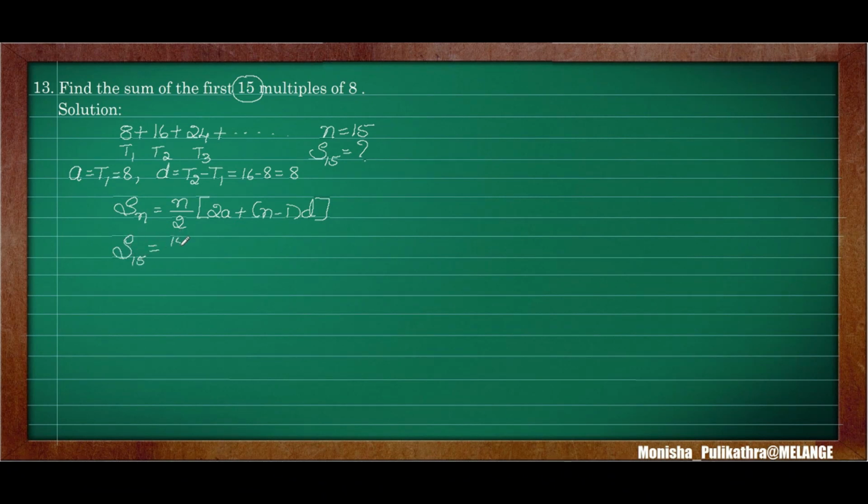S15 is equal to 15 by 2 into 2 into 8 plus n minus 1, that is 15 minus 1, into d, which is 8. Since 15 is not divisible by 2, we write it as it is. Next, 2 eights are 16 plus 14 into 8.